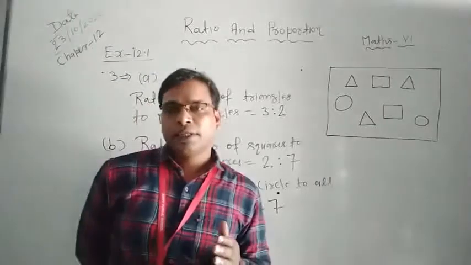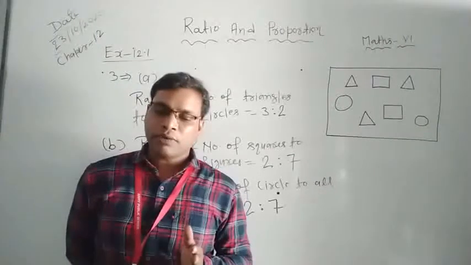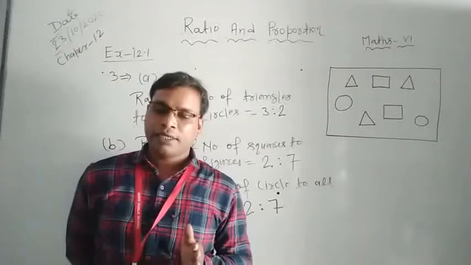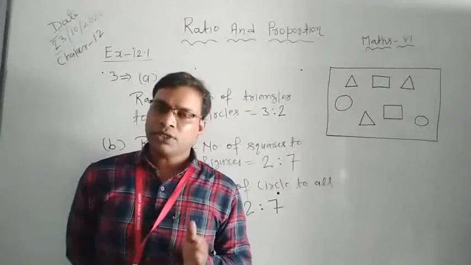Find the ratio of speed of Hamid to the speed of Akhtar. It is given that the distance traveled by Hamid in 1 hour is 9 kilometers and the distance traveled by Akhtar in 1 hour is 12 kilometers.